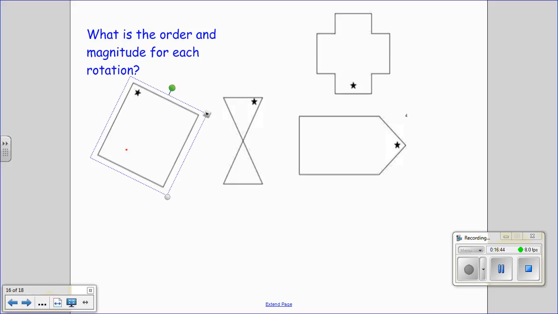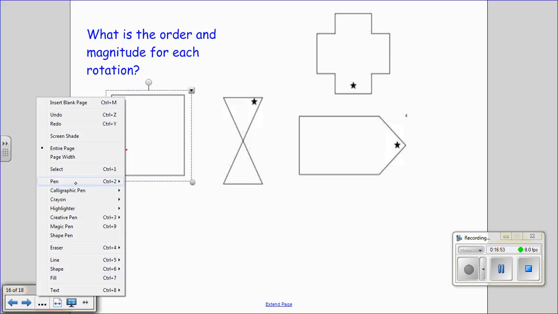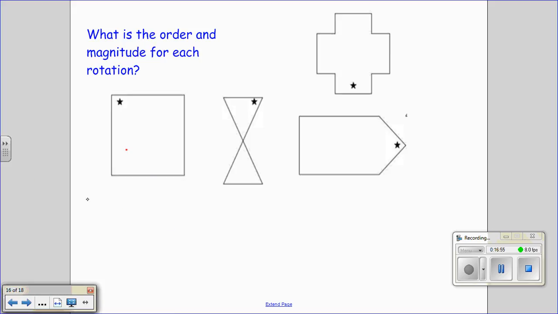And back to where I started, 360 degrees. That's 4 rotations. So the order for this one would be 4. And the magnitude was 90 degrees.